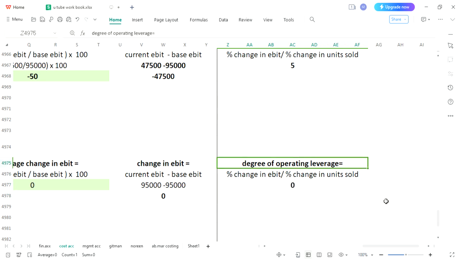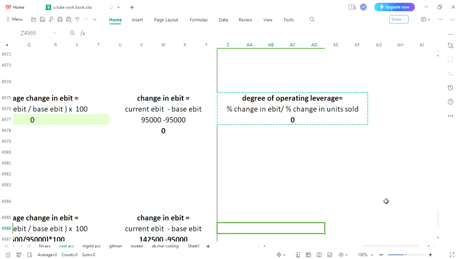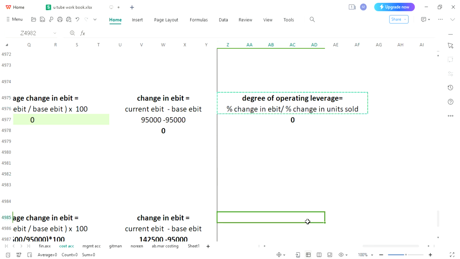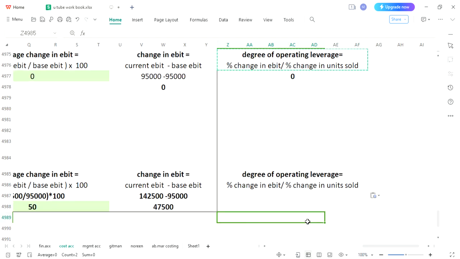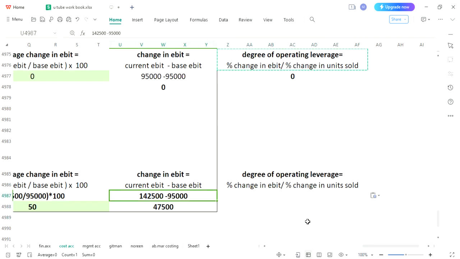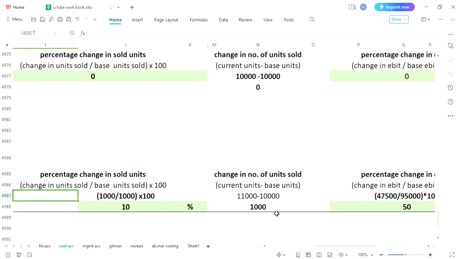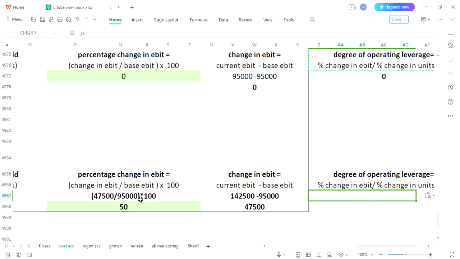Okay, two parts are solved. Let's calculate for the third part as well. And again, degree of operating leverage would be calculated. For the third part, we need the percentage change in EBIT. Let's go to the left side, and you can see the percentage change in units sold is 10% and percentage change in EBIT is 50.